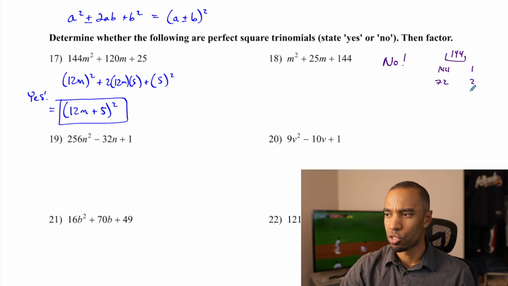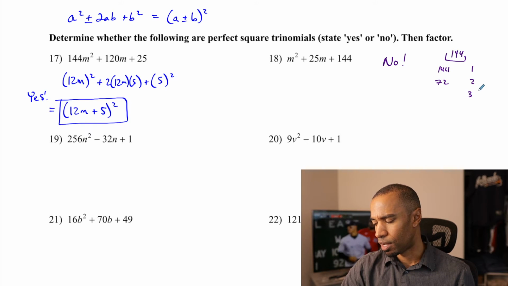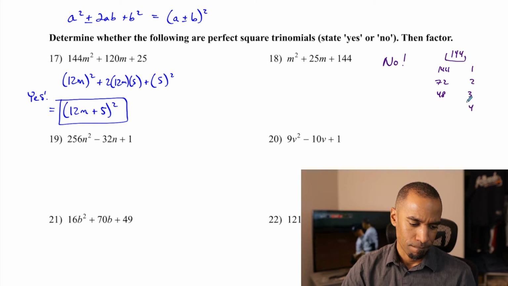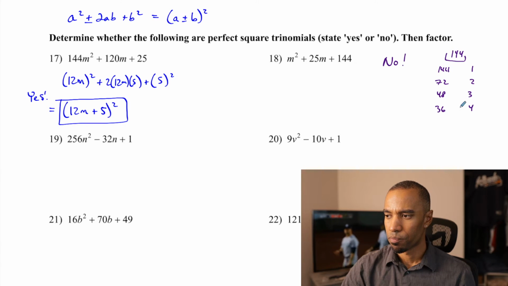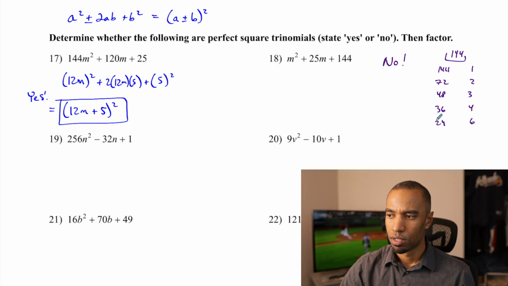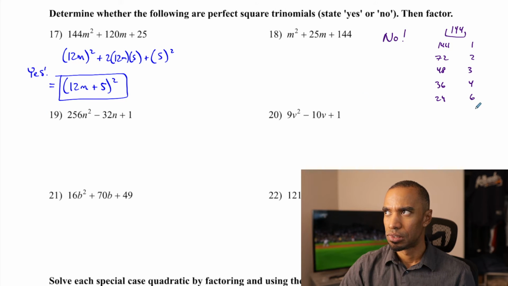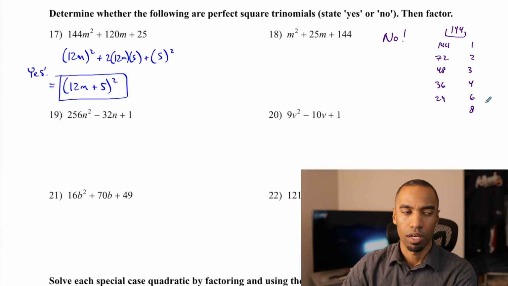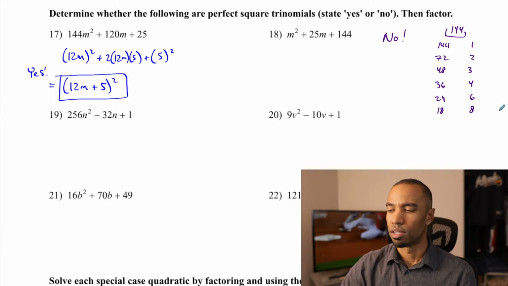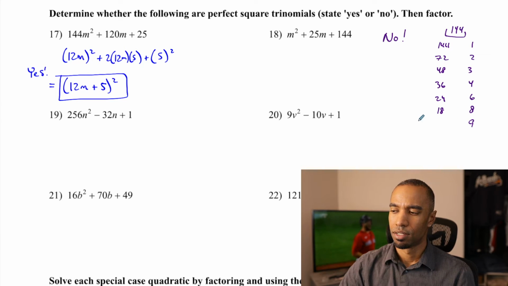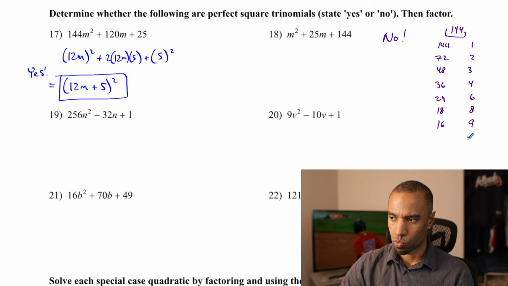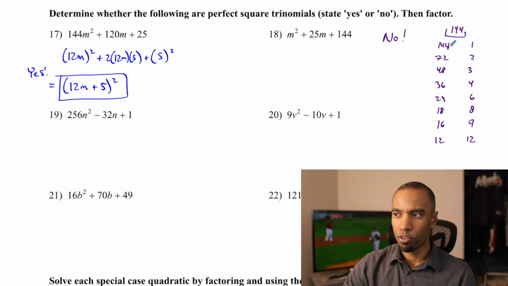Divided by 2, you get 72. 3, you get 48. 4, you get 36. 5 doesn't work. 6, you get 24. 7 doesn't work. 8 works. 8 is 18. 9, I think works. 9 is 16. 10 doesn't work. 11 doesn't work, and 12 is 12. So those are all your factors of 144, right? That's a lot of them.